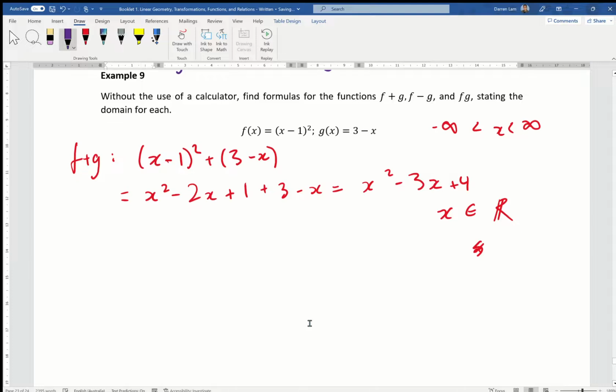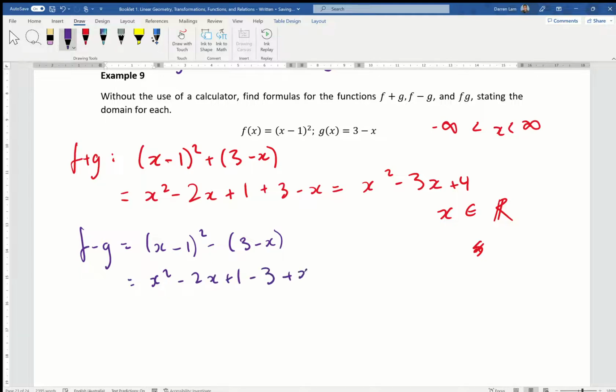Let's move on to f minus g. Same principle. We go f minus g, which equals bracket x minus 1 squared minus, I'm going to put in brackets as well, don't forget that, which expands to x squared minus 2x plus 1 minus 3 plus x, which we know simplifies to x squared minus x minus 2.